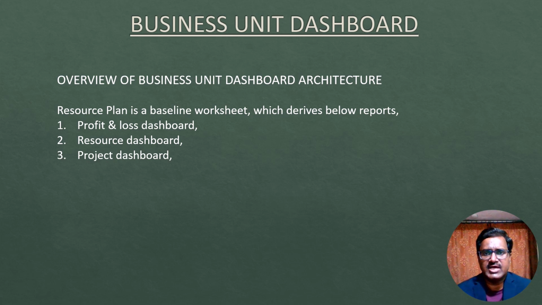The profit and loss dashboard highlights profit and loss details at month, quarter, or annual level, identifying the budget required for the next quarter at the BU level, and tracking plan and actual expenditure at the quarter and annual level. The resource dashboard highlights resource utilization details across the projects, their cost for a specific month, and the cumulative cost to the month.